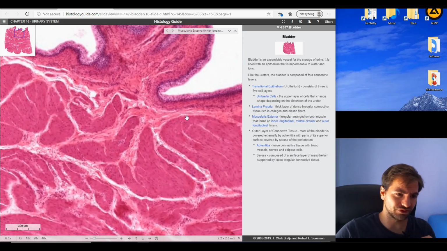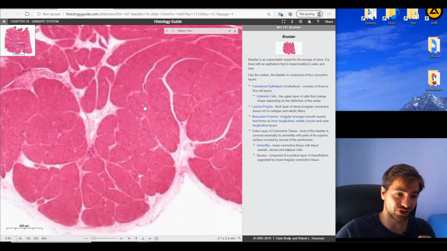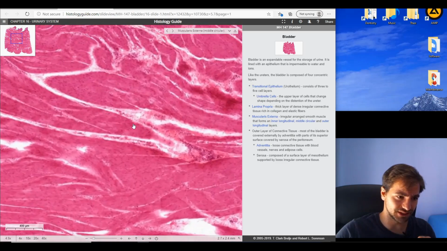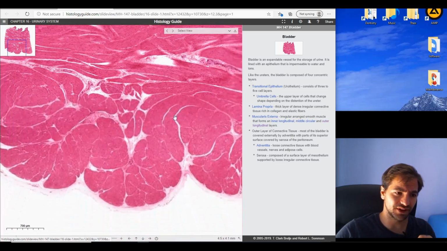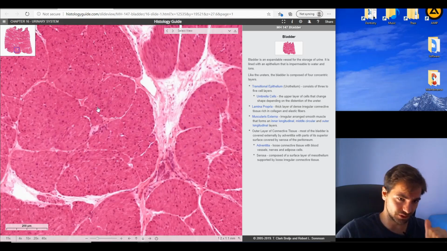For example, this is where we find the first sections of the longitudinal smooth muscles. Exactly beneath, in lower levels, we should find the cross section of the middle circular layer, as it is right here. And last, we're going to find the outer longitudinal, which is the third and most outermost layer of the bladder itself.